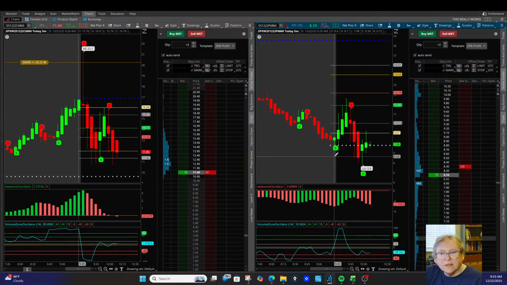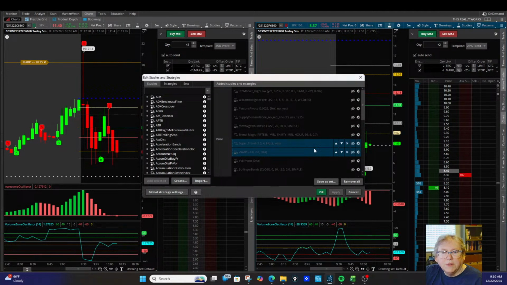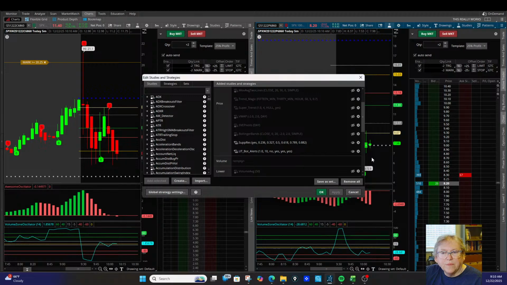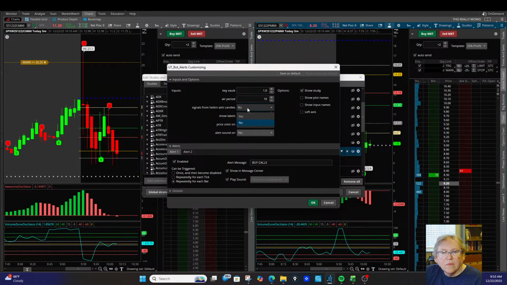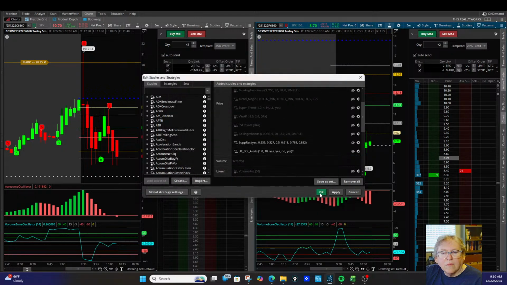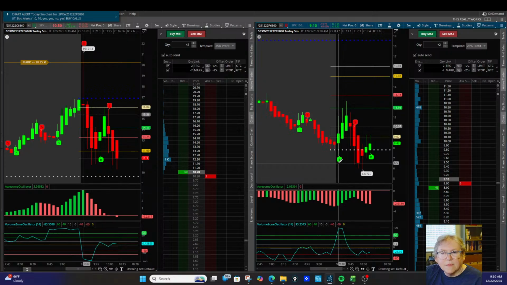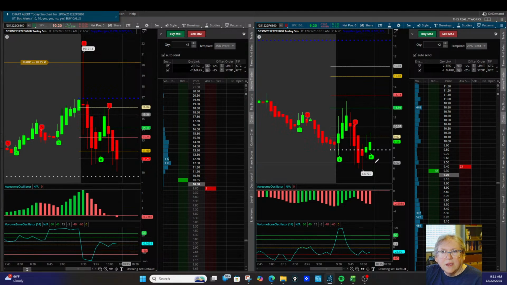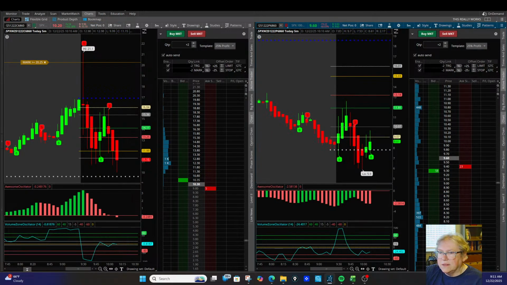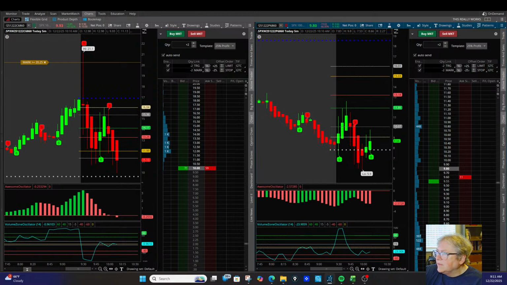So here the buy signal was at 9:20. I put these back the way they were. Buy signal was at 9:30. Okay, 9:20, 9:60. Let's say 9:60.